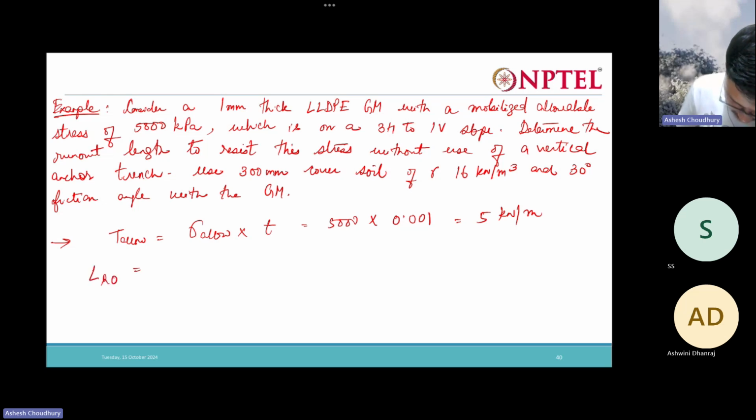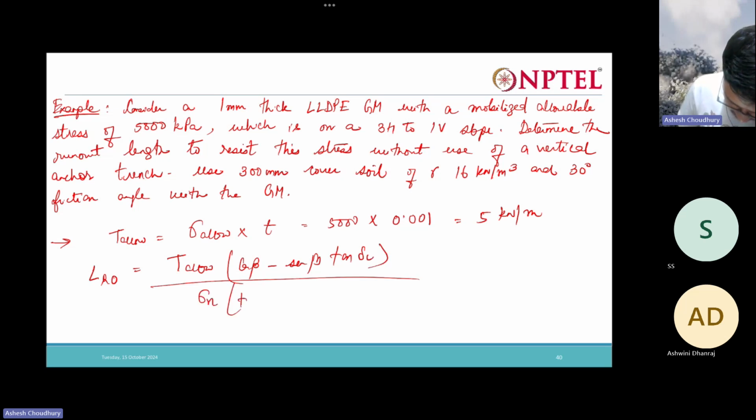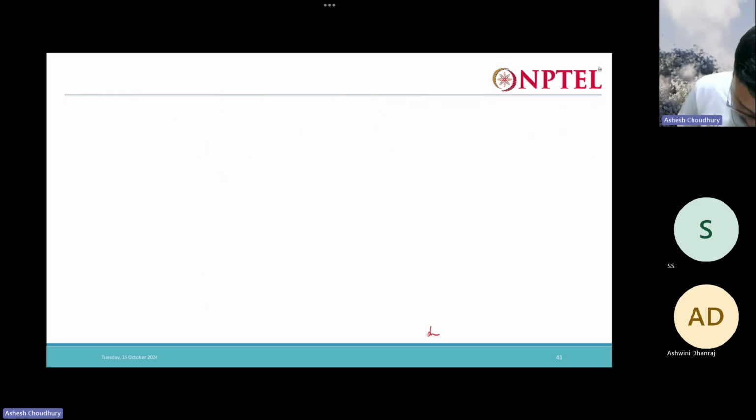LR naught is T allow by cos beta minus sin beta.